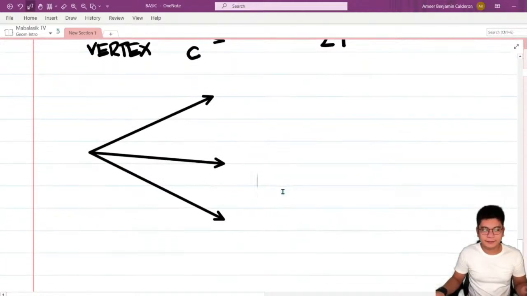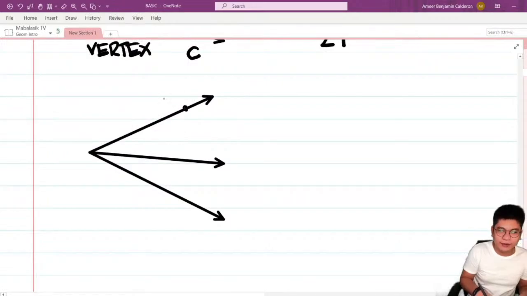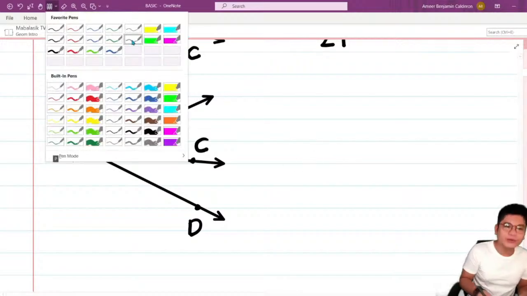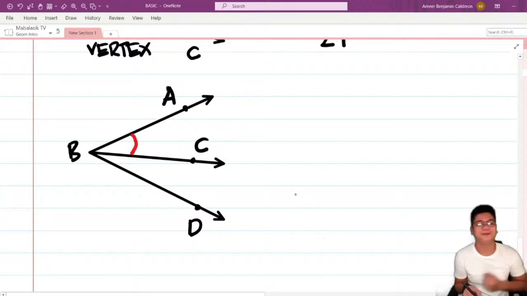Okay? And then we are going to identify points. For example, this is A, this is B, this is C, and this is D. Okay? Now I want you to identify this angle, the red one.